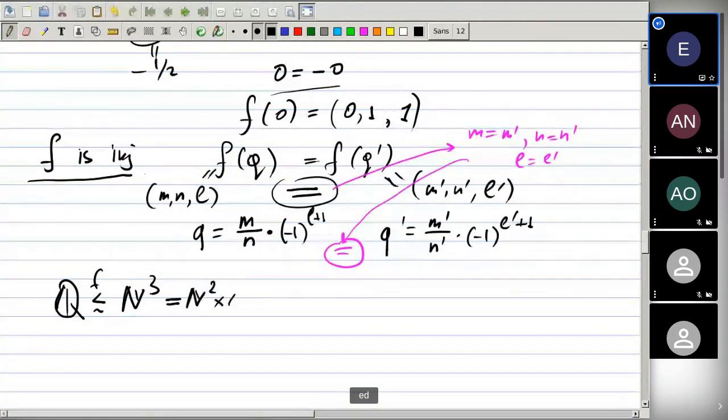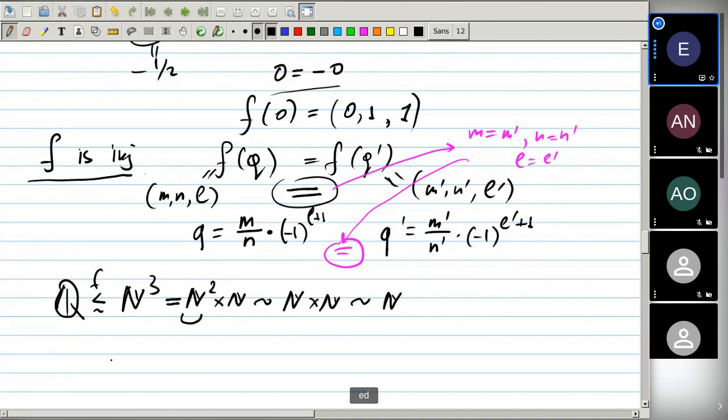What is n cubed? N cubed is n squared times n. But we know quite well that n squared is equivalent to n. So this product is equivalent to n times n, which is equivalent to n. What do we have?